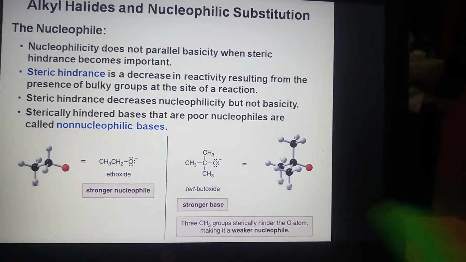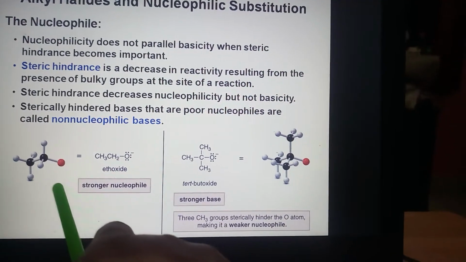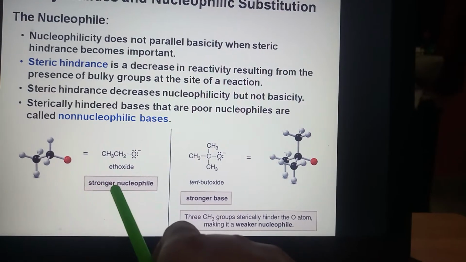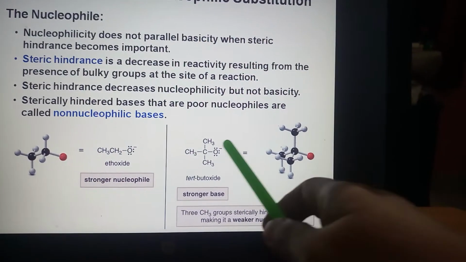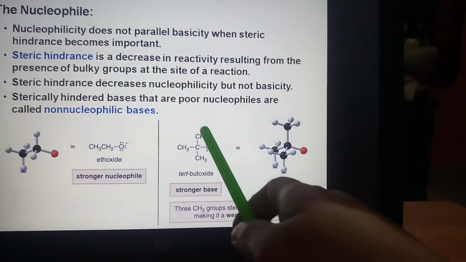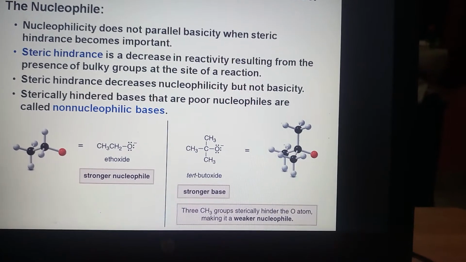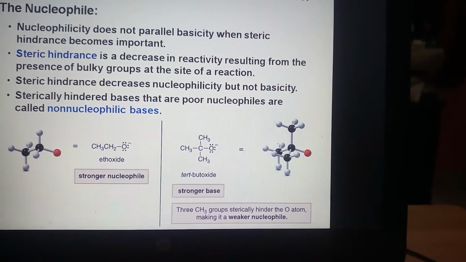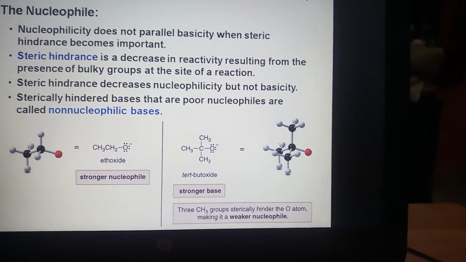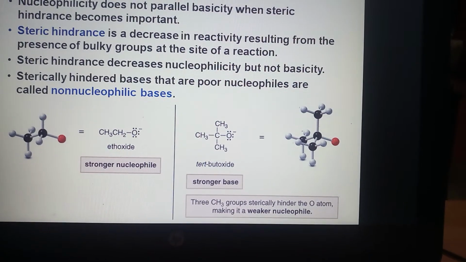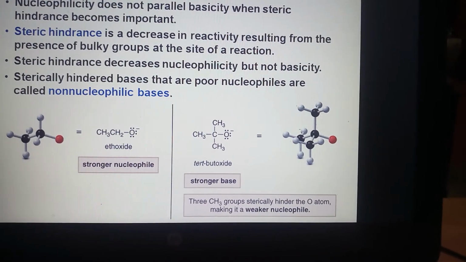For example, the ethoxide anion is a stronger nucleophile and base, but tertiary butoxide is very big. It is a strong base, but a very weak nucleophile because the three CH3 groups sterically hinder the oxygen atom, making it a weaker nucleophile.